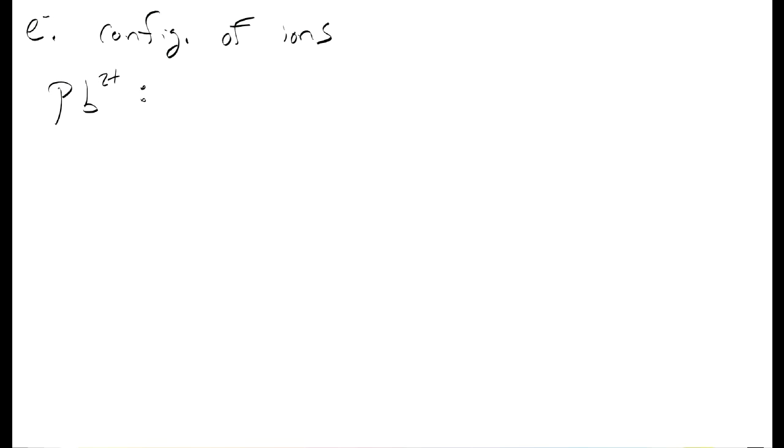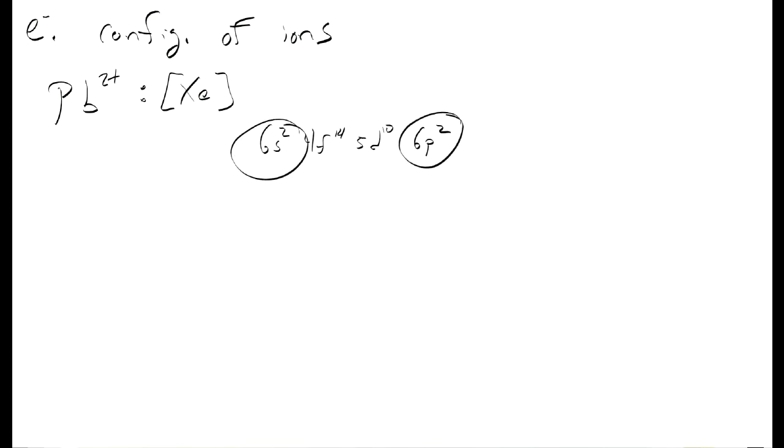Still has the same core, so it's still xenon. And it's 6s2, 4f14, 5d10, 6p2. It's going to lose one of these, 6s or 6p. Which is it going to lose? Well, the weird thing about metals is they always lose their s electrons first.